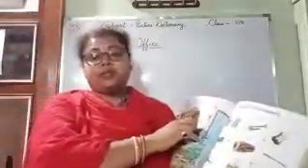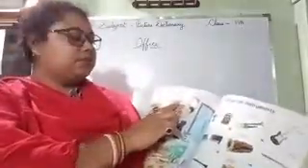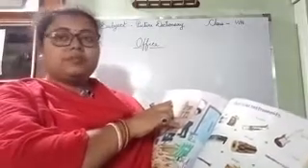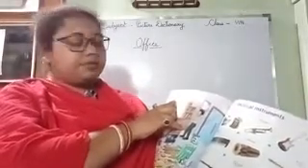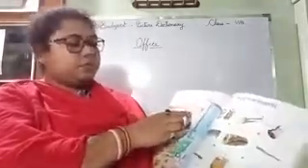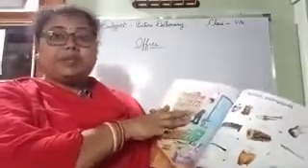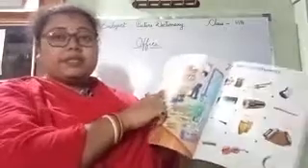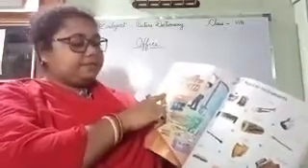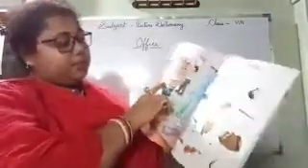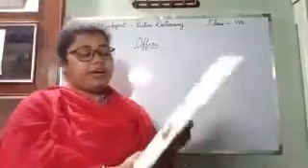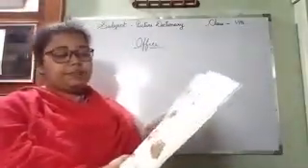This type of file is known as file folder. Then this is a clock. Then this one is a printer. What is it? Printer. Then this one is a file cabinet. What is it? File cabinet.